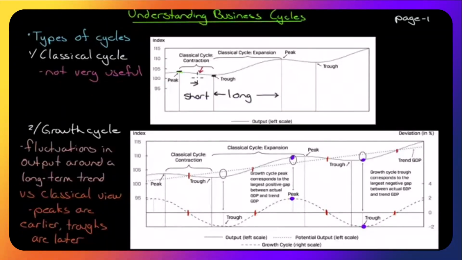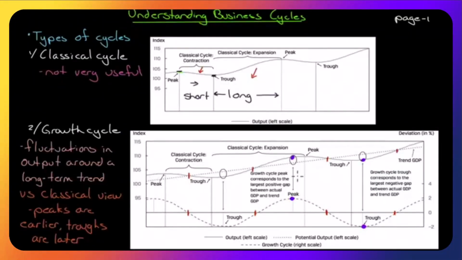You tend to have short bear markets, anywhere from 12 months to 18 months, which would be considered a long bear market, followed by very long bull markets, 5 years, 7 years, sometimes as long as 10 years. However, this isn't very useful because it doesn't really help policy very much. Let's move over to the growth cycle one, which is at the bottom of the screen, and we'll see how much more useful it is in terms of setting policy, especially central bank policy.